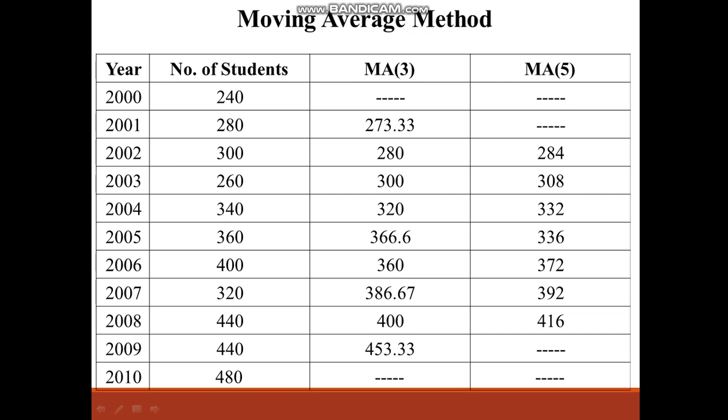It is the moving average of order 3, 280 plus 300 plus 260 over 3, and so on until we reach the end of this table.